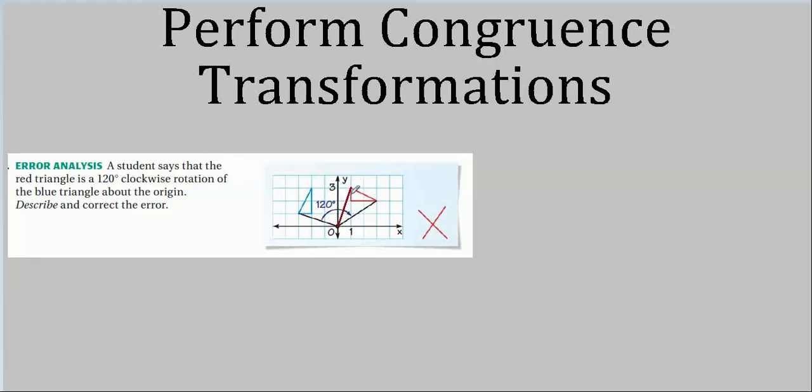It almost looks like a 90-degree rotation. And the other mistake he made was saying that it was, oh no, that is clockwise. So we got that part right. Good for him. But it's not 120. It looks like it's closer to 90. So be sure to keep that straight if you're going to draw the line from the origin to some vertex of the polygon. Make sure you stick with the same vertex all the way.